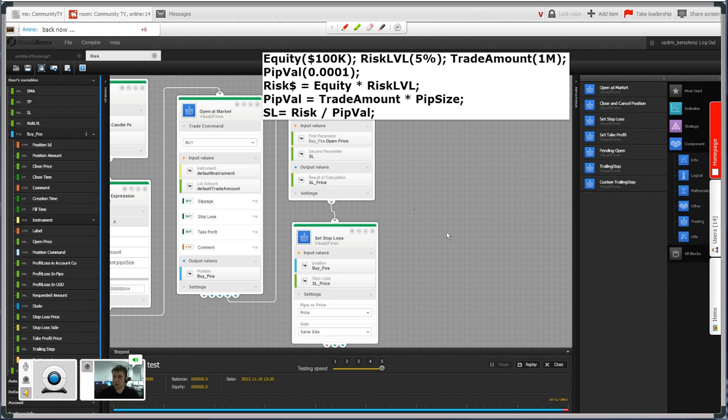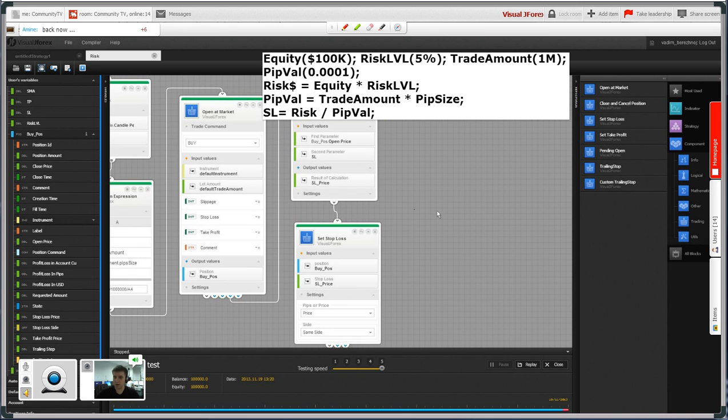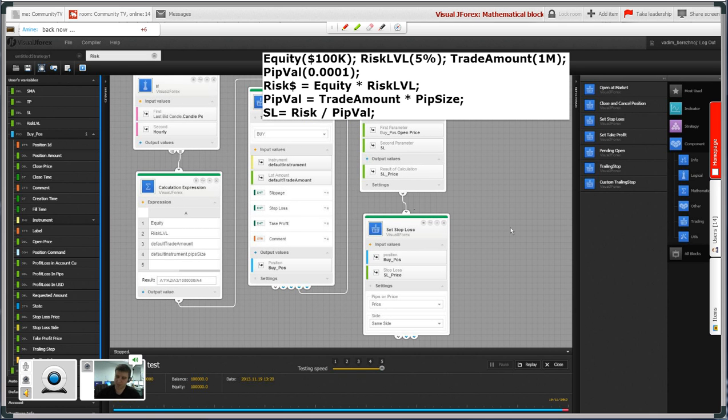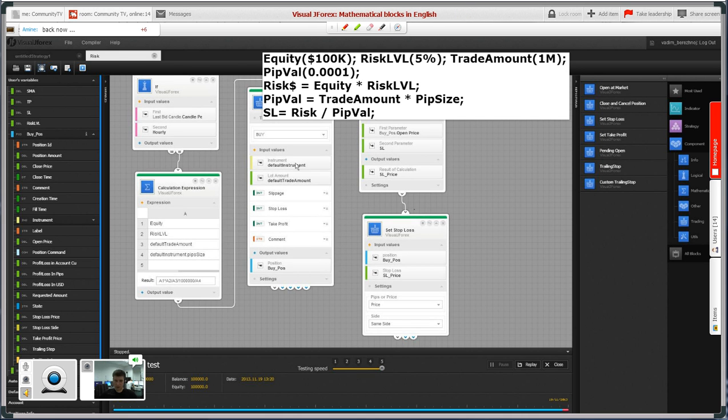That would work okay, but if we had assigned that directly, for example, let's check if it would work. For example, we will forget this block and assign stop loss level directly to the market position.